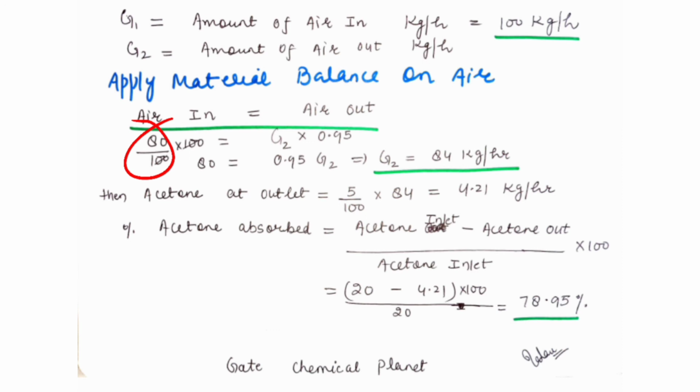So with the help of this material balance on air, we can easily find the value of G2, because we already have the value of G1, 100 kilograms per hour, which is the basis also.